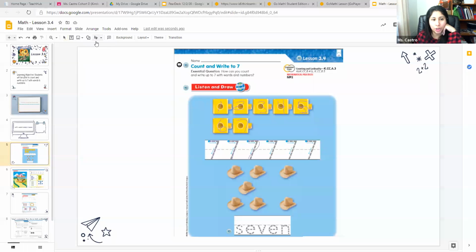Now what we're gonna do is we're gonna go down to those brown hats. We're gonna count and label the hats first, and then we're gonna trace the word 7, which has the letters. So 1 hat, 2 hats, 3 hats, 4 hats.